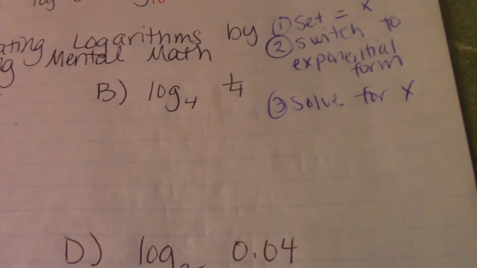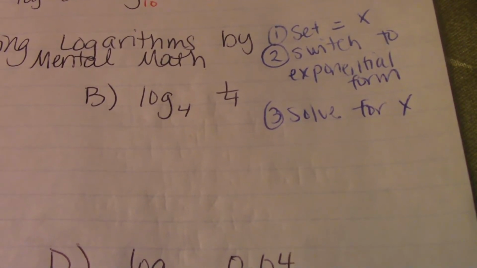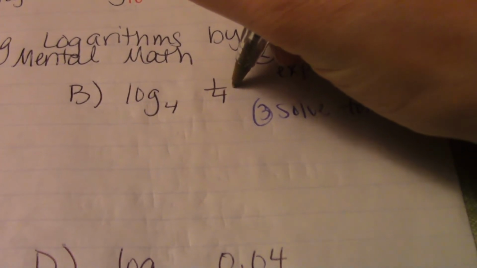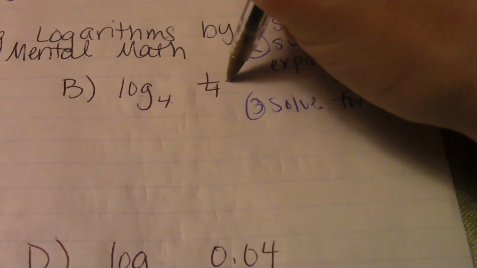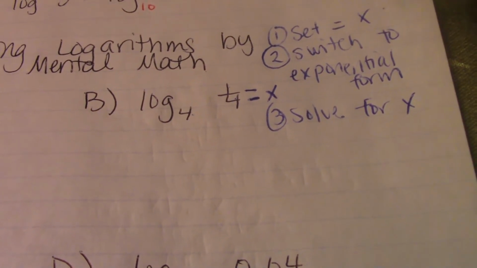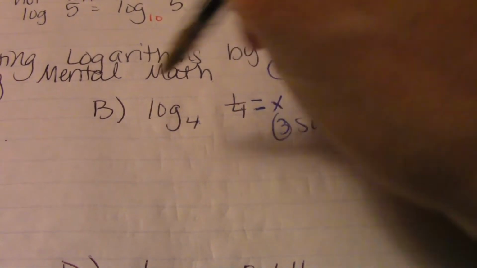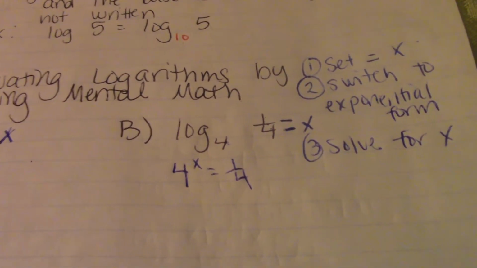B. Let's do the same thing. Log base 4 of 1/4 equals, we need to put equals x. Step 1. Step 2 is switch to exponential form. So base power equals. Now here's a shortcut for you.